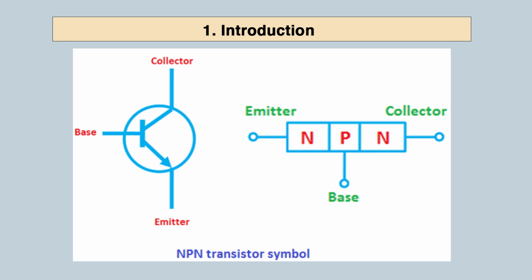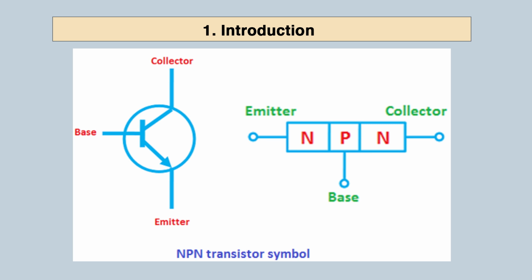In the case of an NPN transistor, both emitter as well as collector will be doped by N-type impurity, while the base will be of P-type.